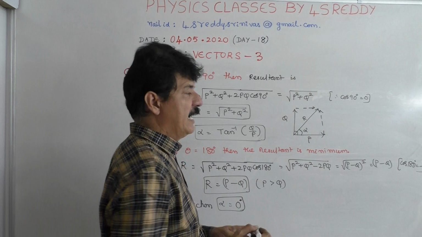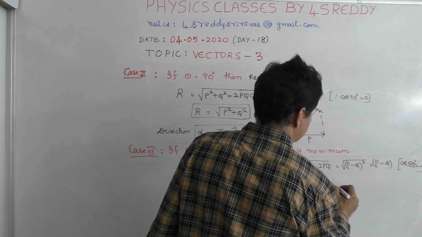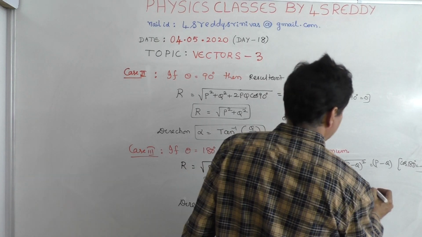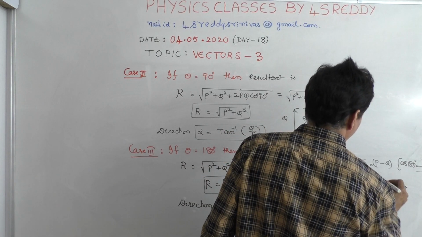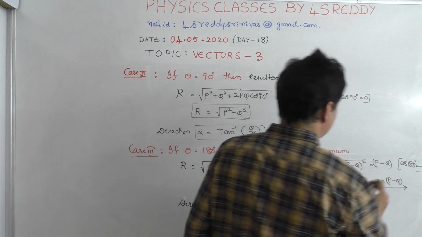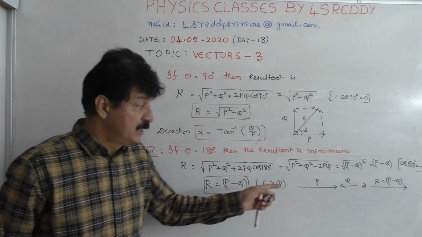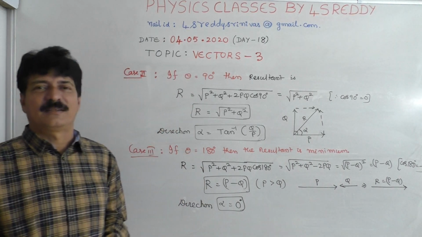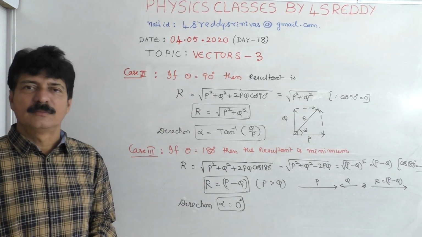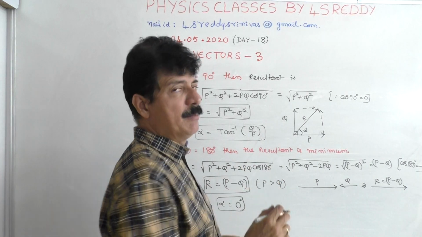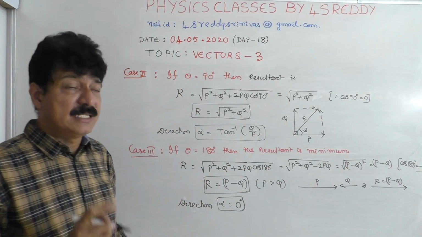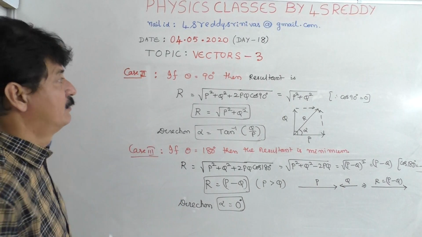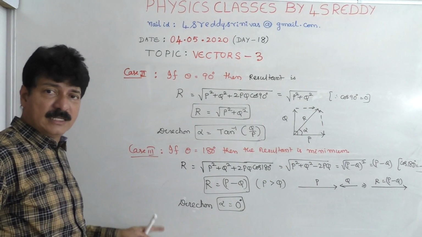That means the direction is always, suppose if this is a vector P and this is a vector Q, the resultant must always be P minus Q. That means the direction of the resultant vector is in the direction of larger vector. So the point that we should remember, the direction of resultant vector is always in the direction of larger vector.